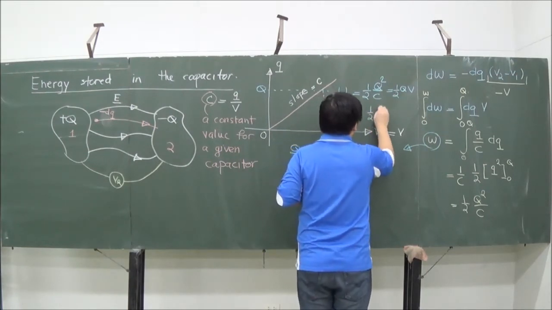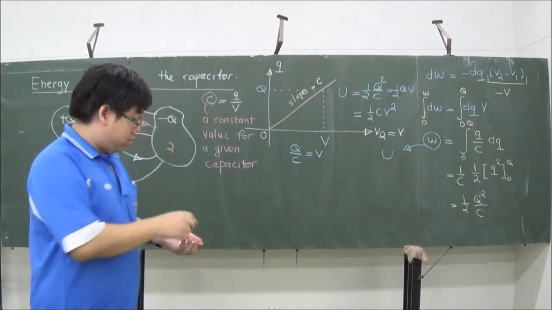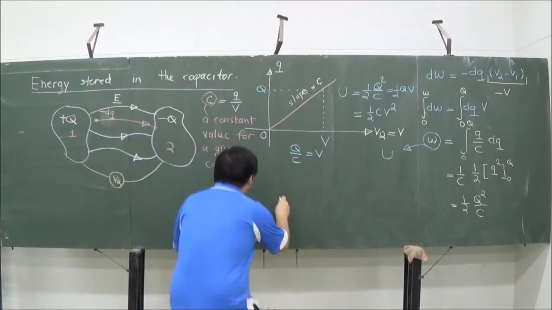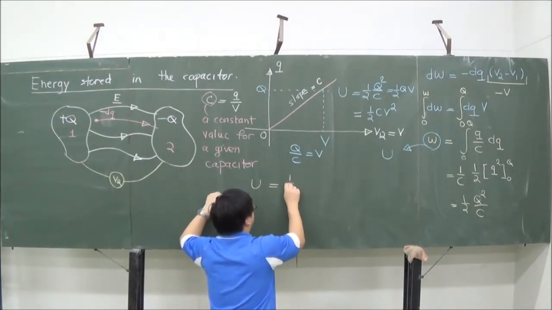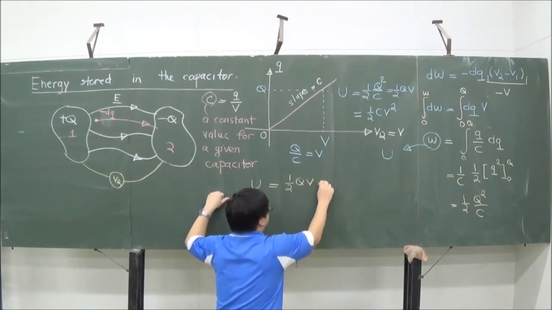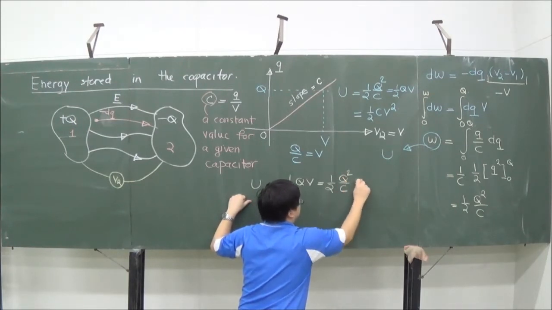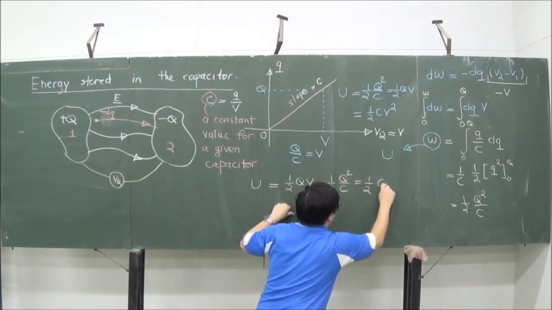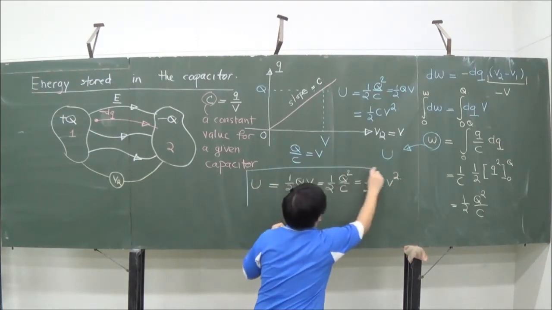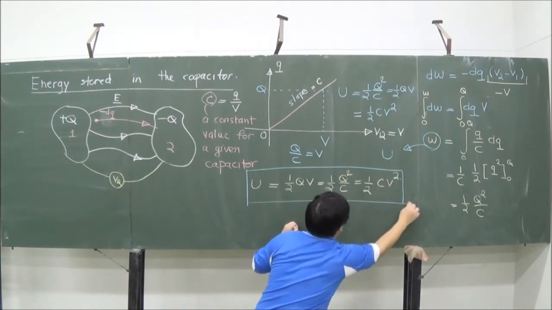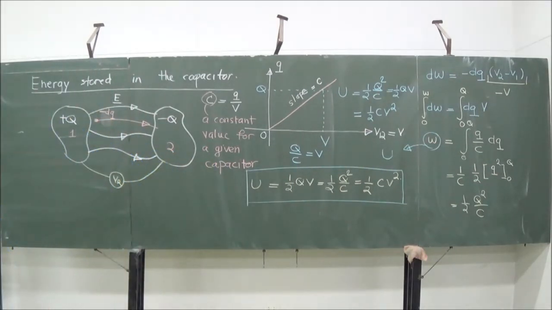So I've got a half CV squared. So basically, you can write U, the energy stored in a capacitor, equal to a half QV, equal to a half Q squared over C, equal to a half CV squared. And this is the energy stored in the capacitor.